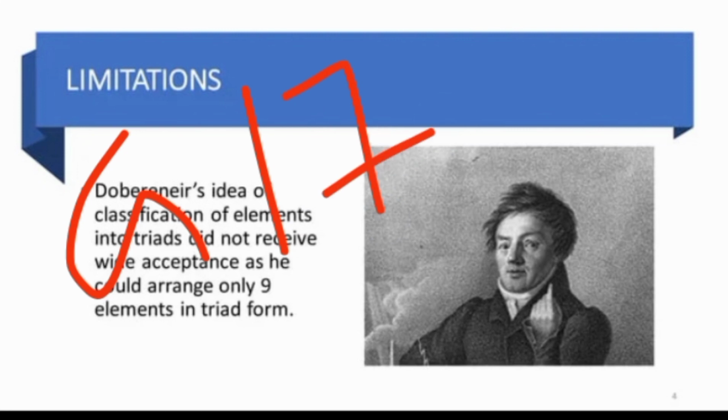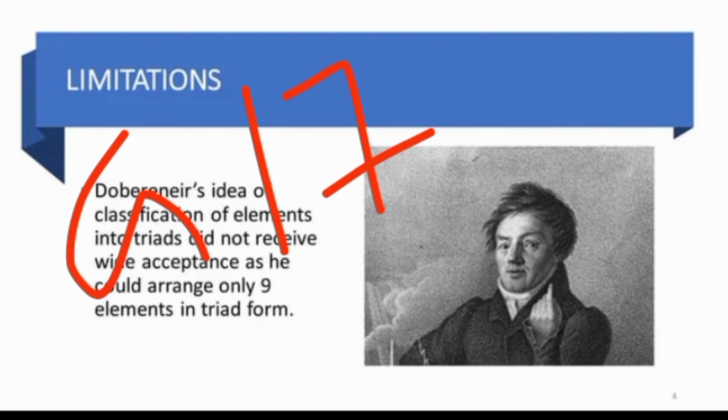The first three members, fluorine having atomic mass 19, chlorine 35.5, and bromine 80. It was observed that the mean of the atomic masses of fluorine and bromine is 49.5. It was not 35.5. So it was not even applicable to elements of the same family. Hence, his classification was discarded.